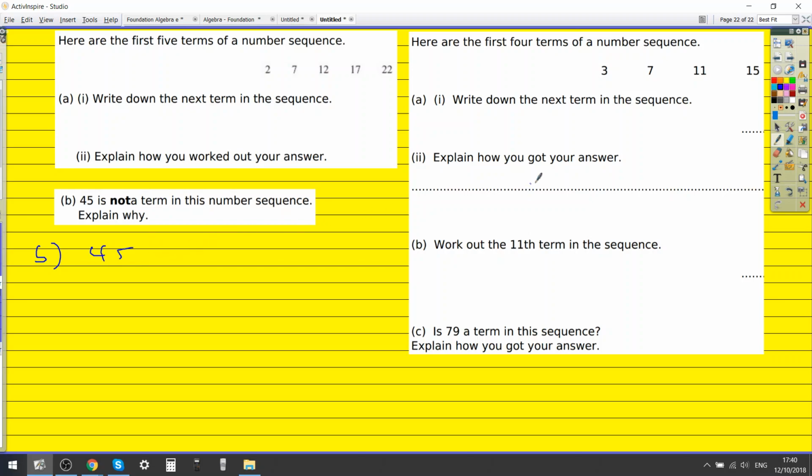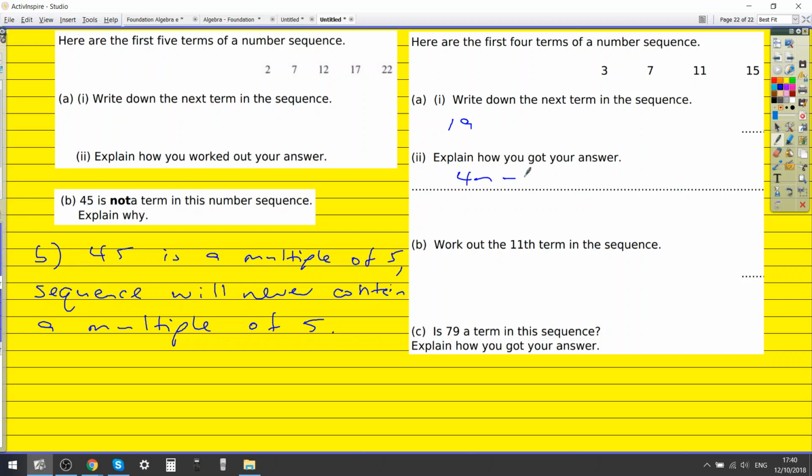Okay, and the one on the right. Write down the next term. So 19 is the next term in the sequence. And I got my answer because it added 4 each time, so it's 4n take away 1.